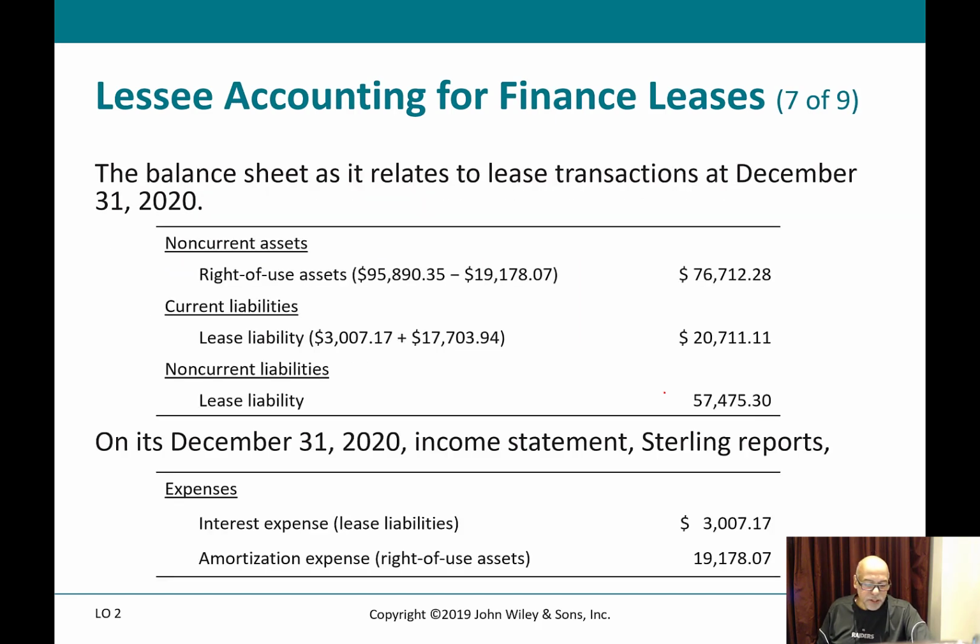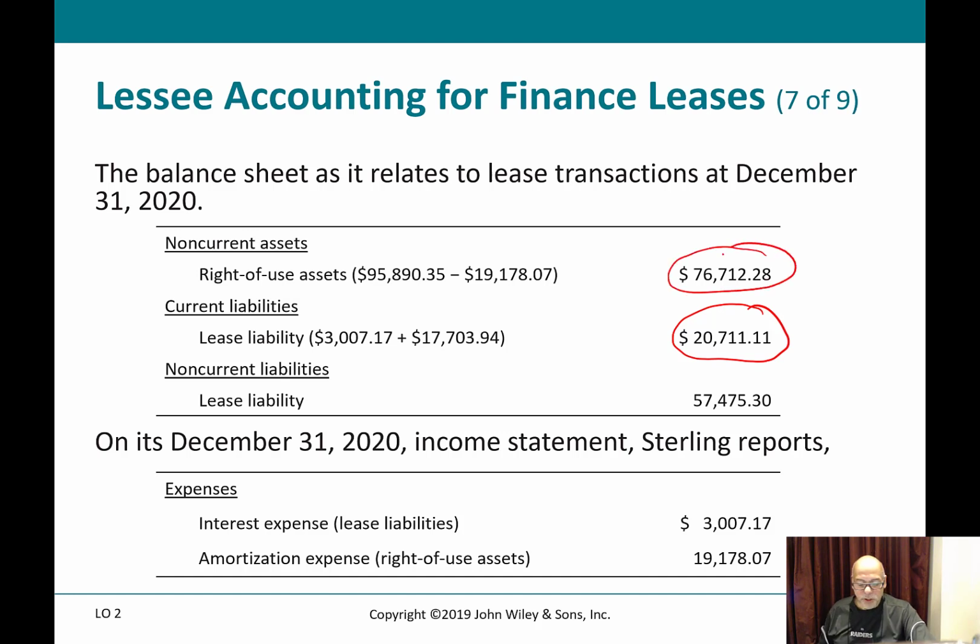Okay, and if you take a look at the financial statement results here, notice we have the current liability, which is that second payment we'll make on January 1st, 2021, right?